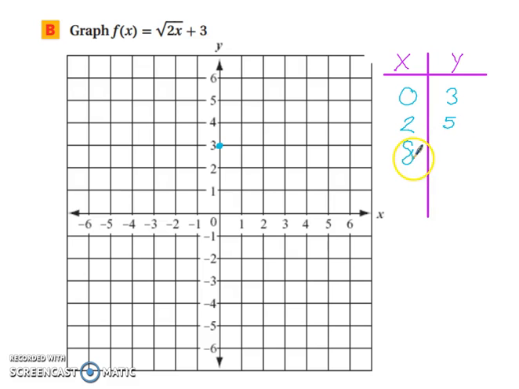Now let's do the same thing with 8. We have 2 times 8, which is 16. Take the square root of 16, which is 4. We add 3 to that, which gives us 7. So we're going to plot a point at 8, 7, which is up here. And then we have that 2, 5. And then we sketch in our graph.